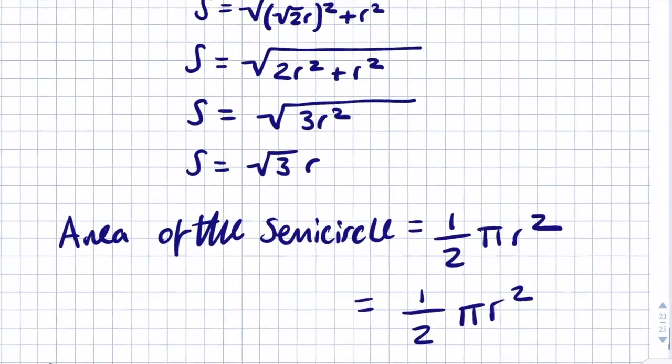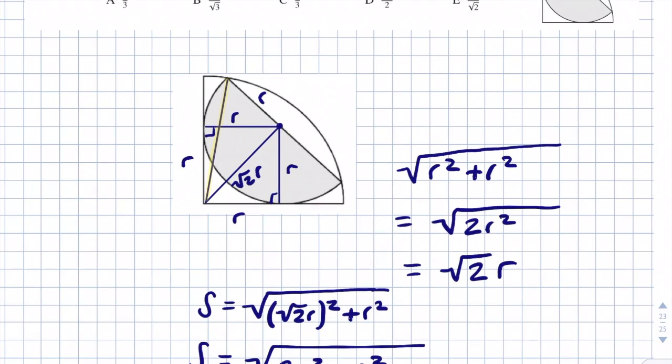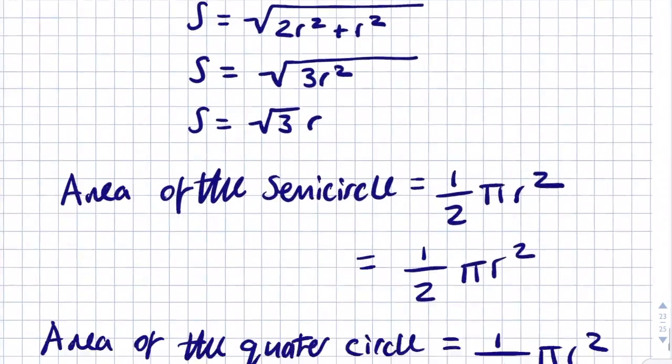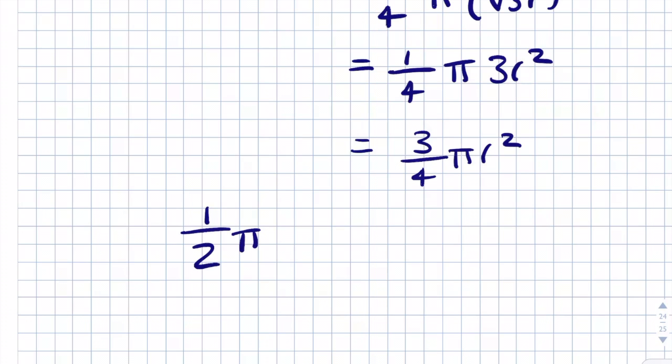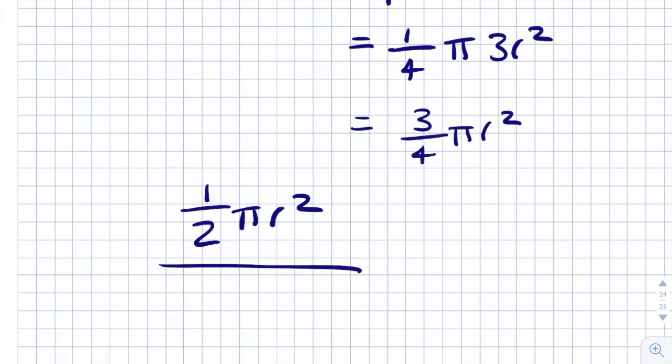And now what we can do, because the question asks us to find what fraction of the quarter circle is shaded, well, we can divide the area of the semicircle by the total area of the quarter circle. So the area of the semicircle is a half pi r squared, and the area of the quarter circle is 3/4 pi r squared.